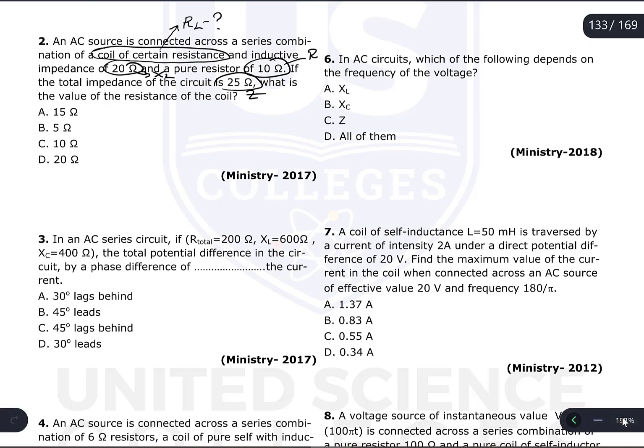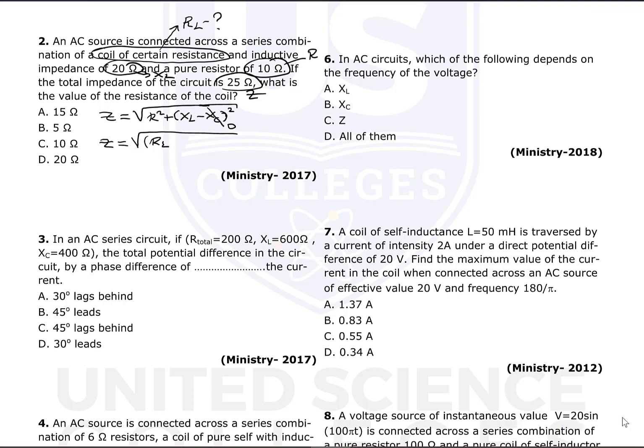Calculate RL. We know that Z is equal to root of R squared plus XL minus XC squared for a series RLC circuit. Because there is no capacitor, XC is 0, but there are two resistors. One resistance belongs to the coil, so it is the unknown RL, but second resistance belongs to the pure resistor, which is 10.